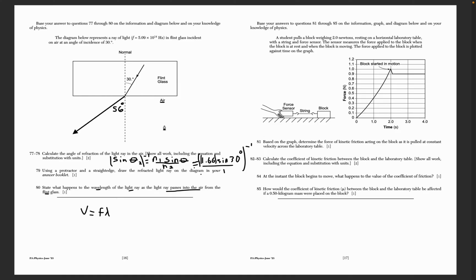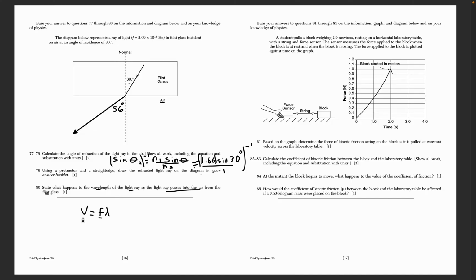The frequency, this is a rule, will always be the same in refraction. It will not change, because the number of waves per second has no effect with the different medium you're traveling in. The speed will change, but the frequency will remain the same.